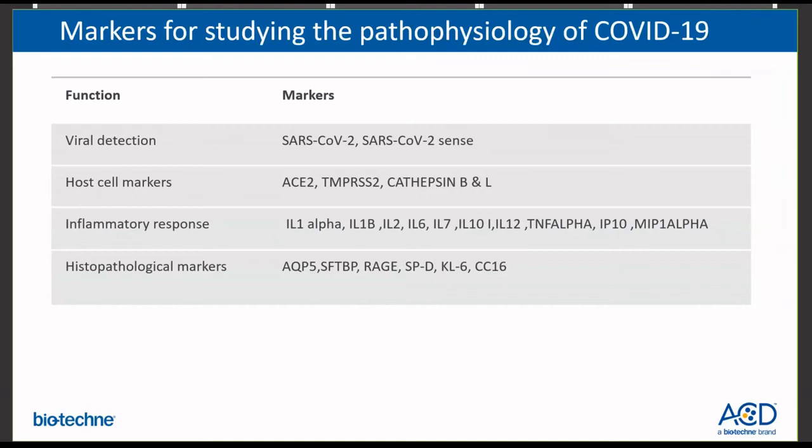And lastly, as I mentioned, the histopathological markers, which can be used to study both the functionality and the homeostasis of tissues. These are some markers for lung, but of course, with increased research, there are markers that you can also use for some of the other tissues or organs affected by SARS-CoV-2 infection.